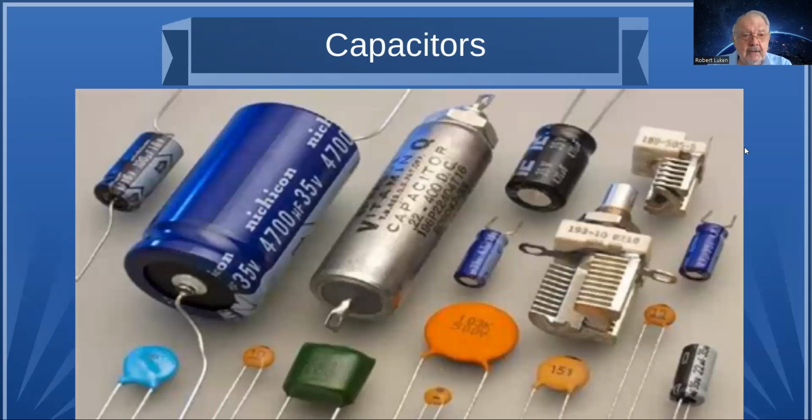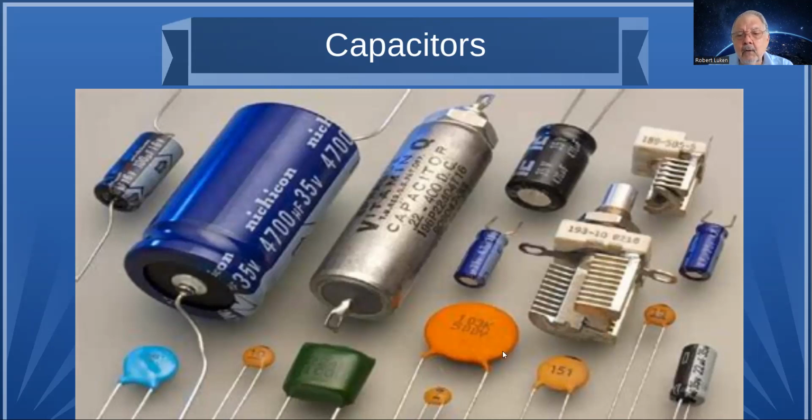Here's some examples of current capacitors. You'll see some, what we call trimmers or air variable capacitors. And one of these sets of plates rotates so they mesh with one another. And depending on the overlap, will determine the amount of capacitance.